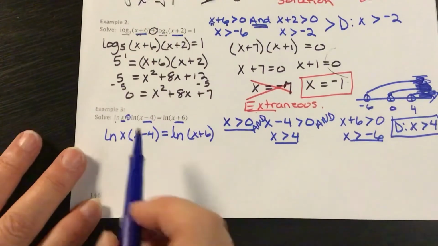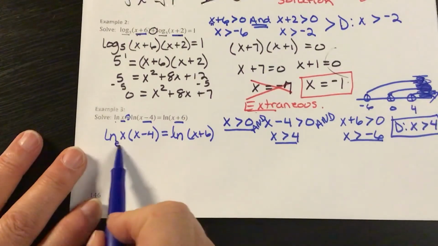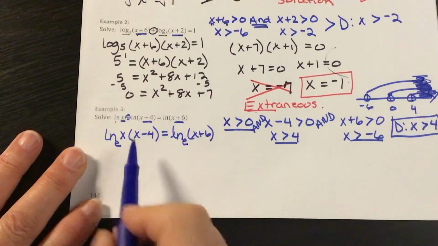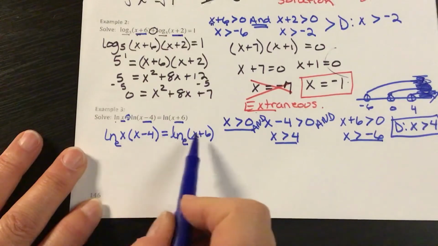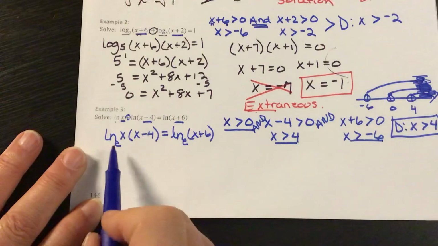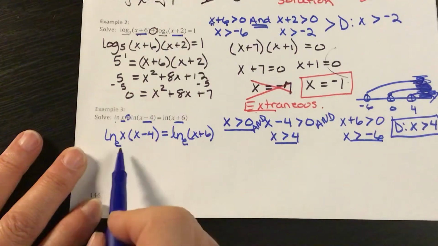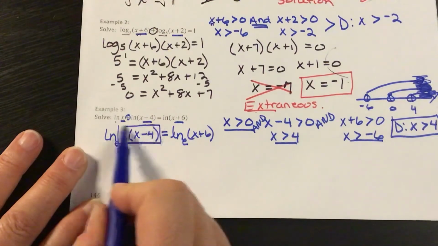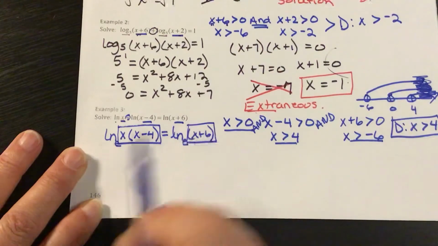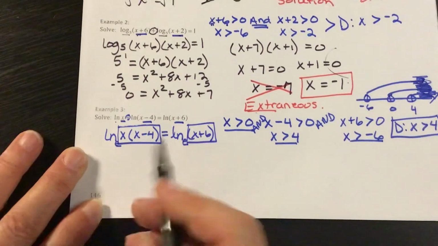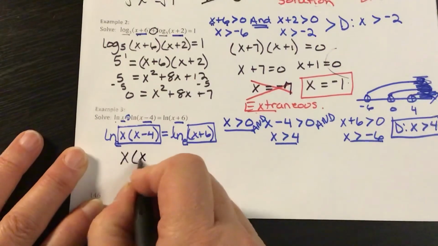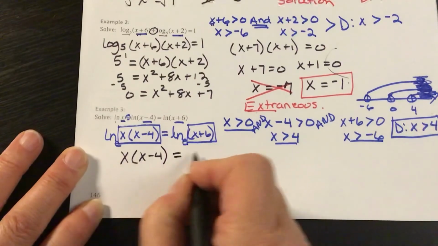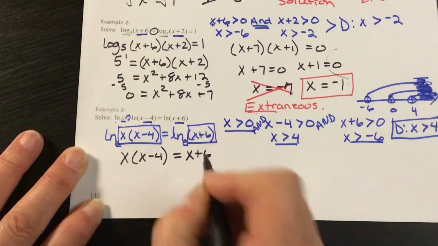So in this case, because I have the same base, which is e, this is the case of a single log on both sides. I have the log of the same base, so this has to equal this. All right, so I'm going to write that x times x minus 4 has to equal x plus 6.